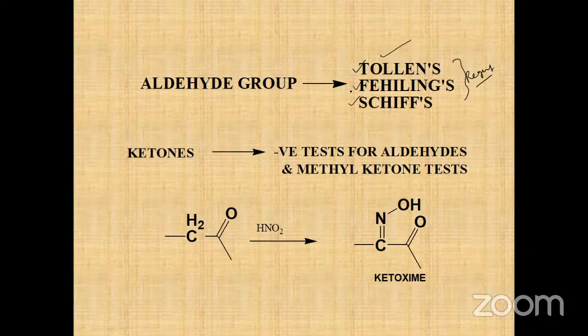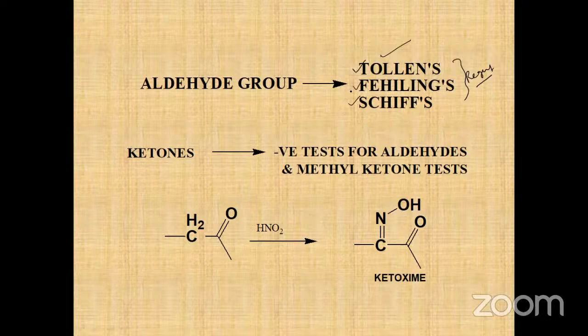Okay, Schiff's reagent. This is the para-rosaniline. This para-rosaniline reacting with the aldehyde leads to formation of a pink coloration of the solution. Okay, when these colorations or precipitates are generated, that indicates that the aldehyde group is present in the natural product.